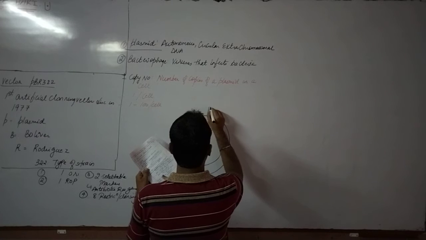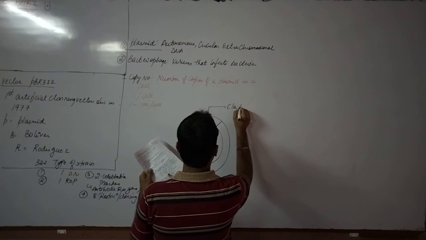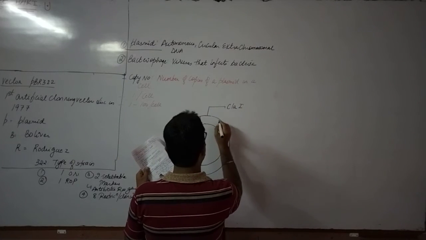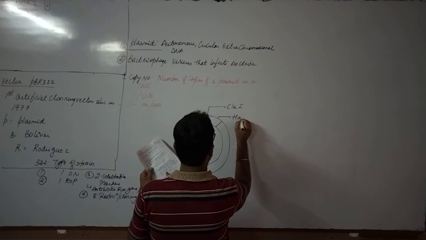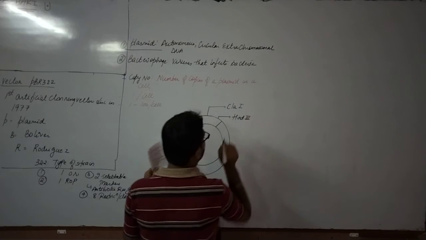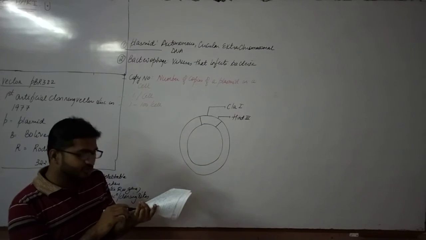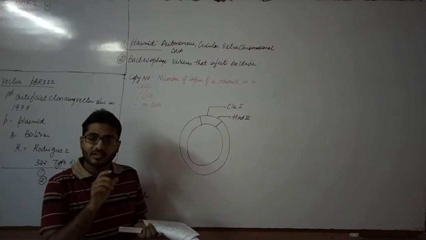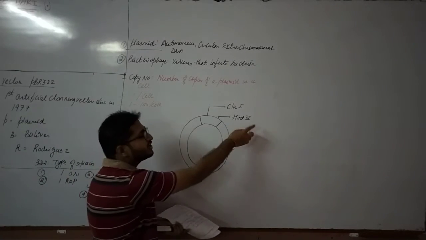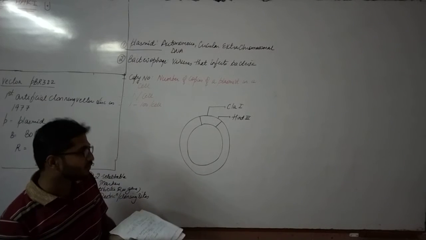This is the site for ClaI and here HindIII. If you remember, HindII was the first restriction endonuclease discovered, from the bacterium Haemophilus influenzae. HindIII is also isolated from Haemophilus influenzae.